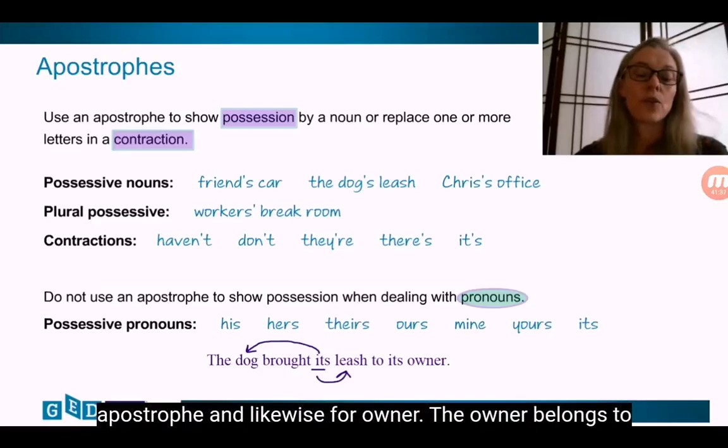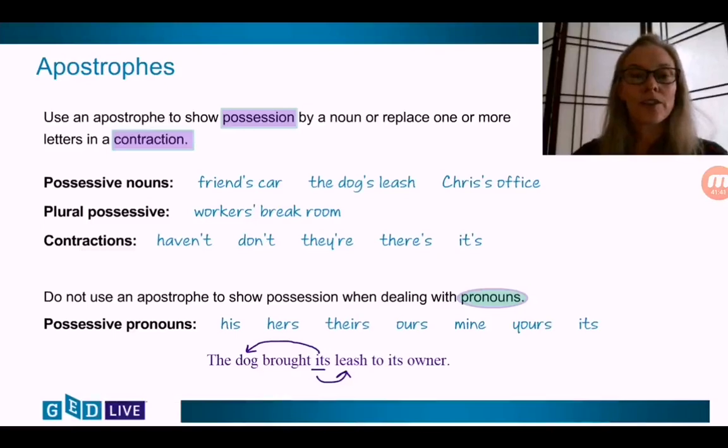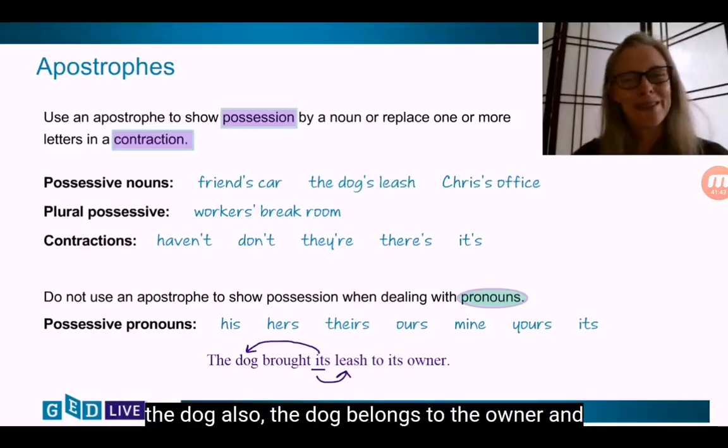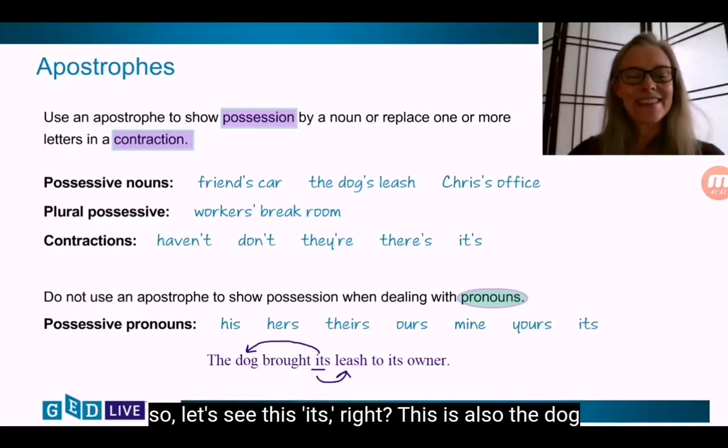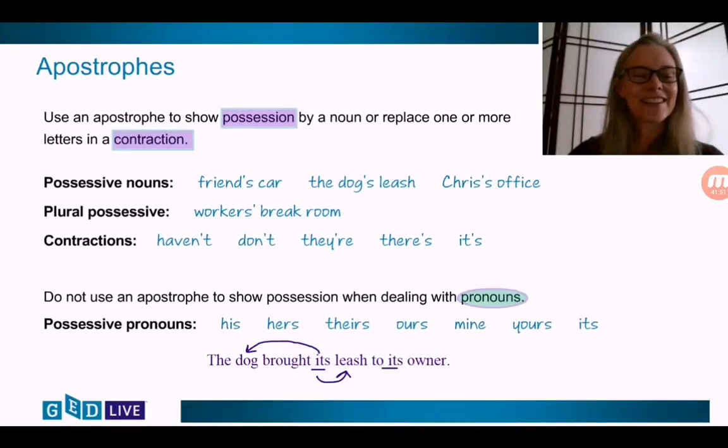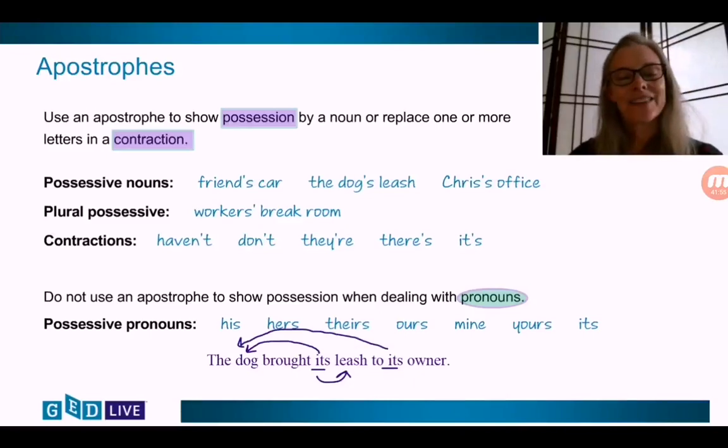And likewise for owner, right? The owner belongs to the dog also. The dog belongs to the owner. And so this its is also the dog. But the owner, right, like that.